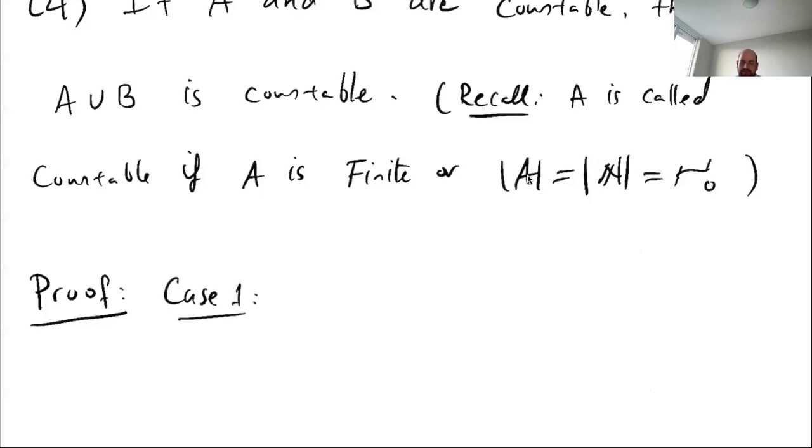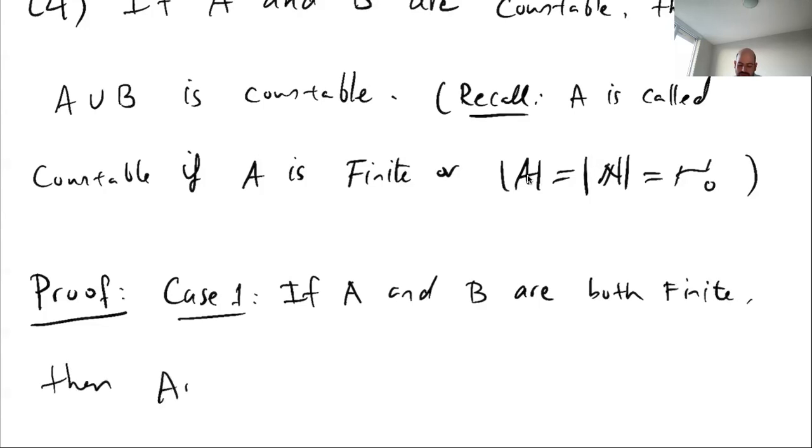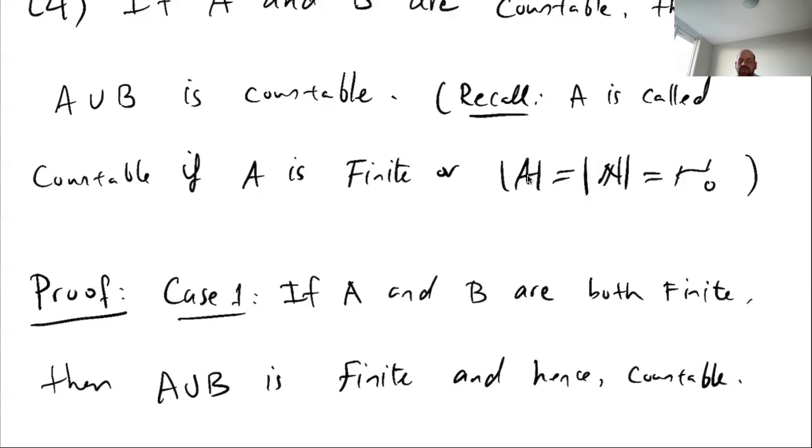One simple possibility is that both of those sets are finite. If A and B are both finite, then A union B is finite as well, right? And hence countable. So this is a very easy case. If both sets are finite, the union is also finite, of course, and finite is always countable.